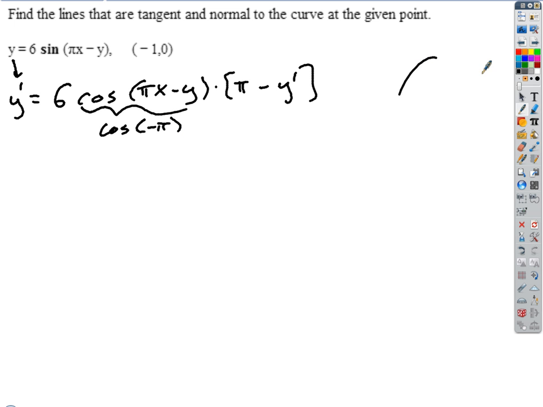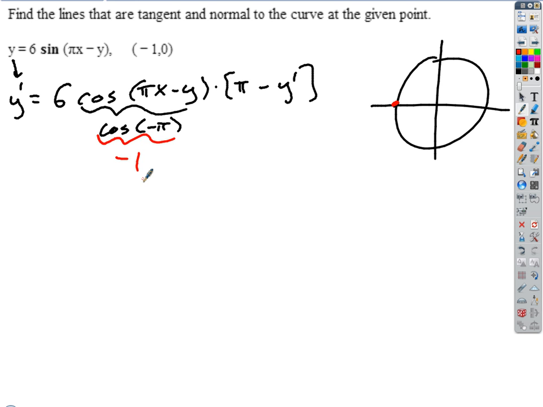Now let's look at that one. So that's the x coordinate, right? So -1. Okay. So all that stuff right there just becomes a -1. Good. So we get y prime equals 6 times -1 times pi minus y prime. That makes it a little bit easier to solve for y prime.